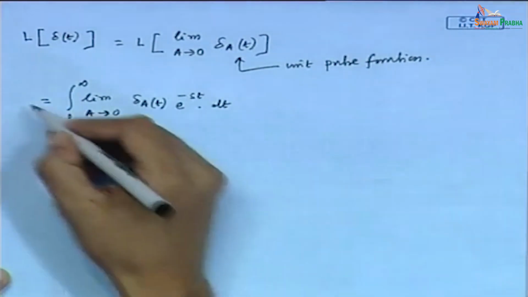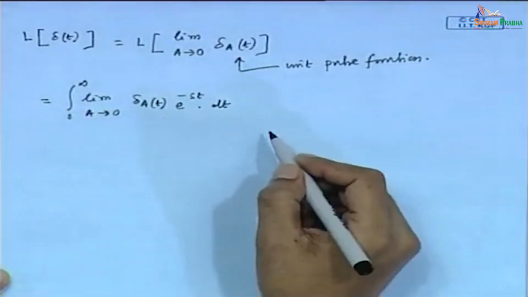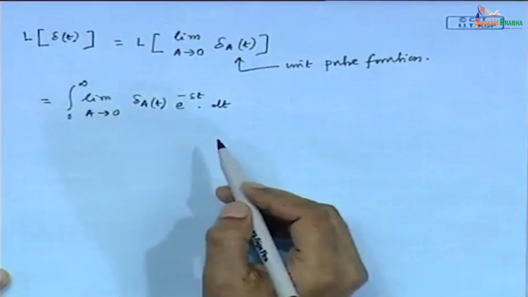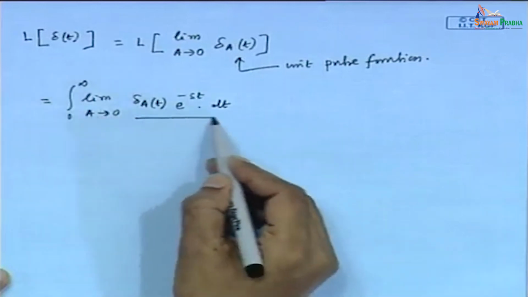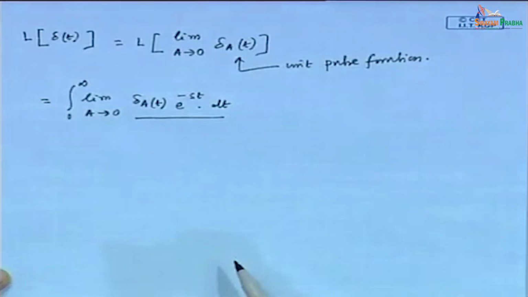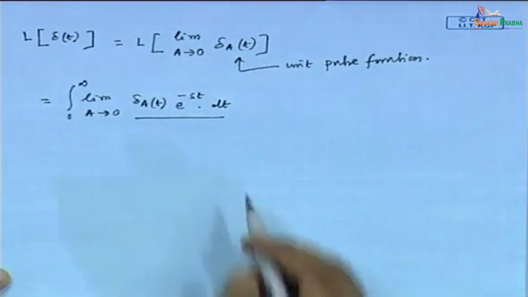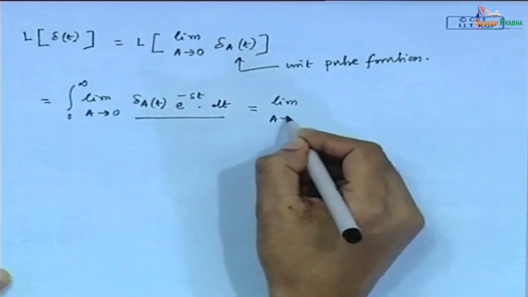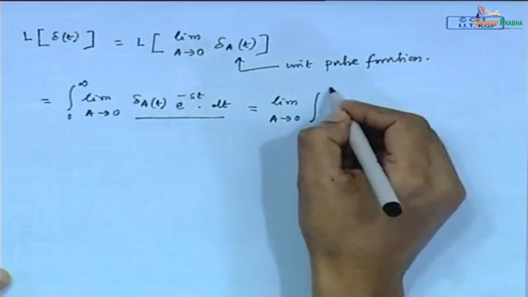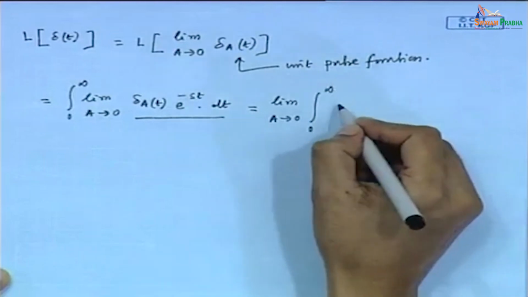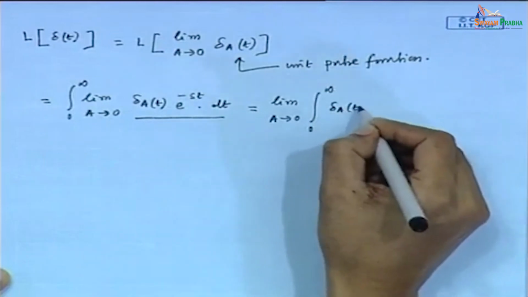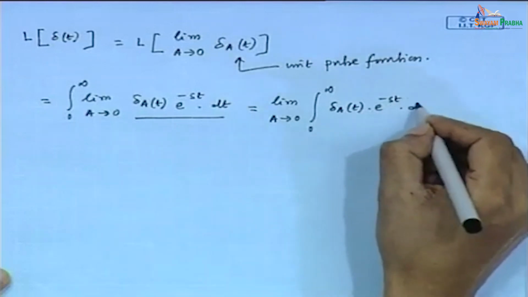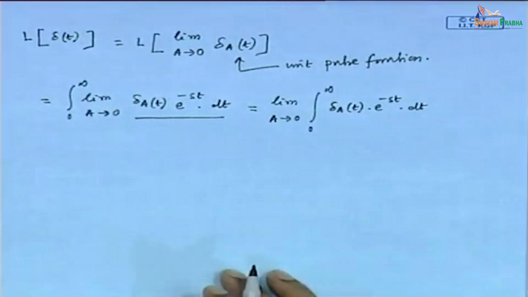We are just considering the definition of the Laplace transform. We will take out the limit a tends to 0, with integration 0 to infinity of del a t e to the power minus s t dt.